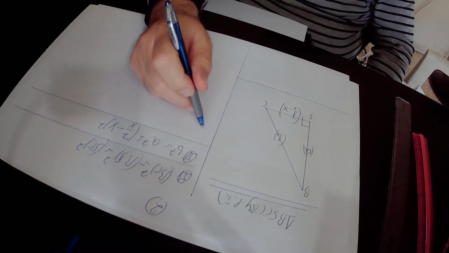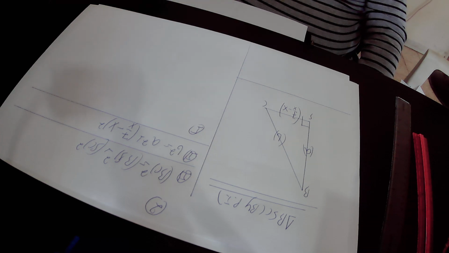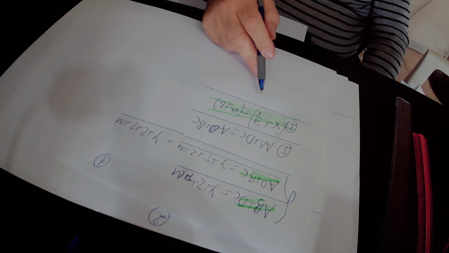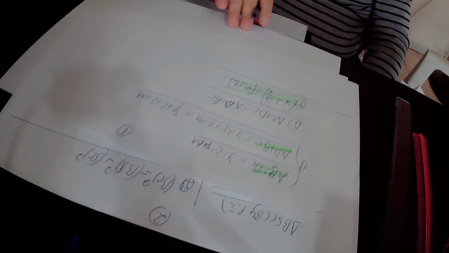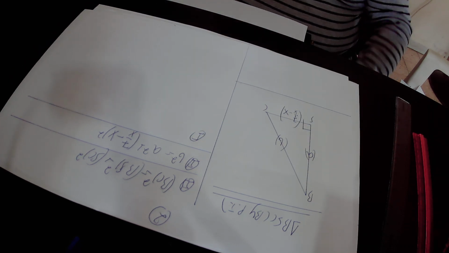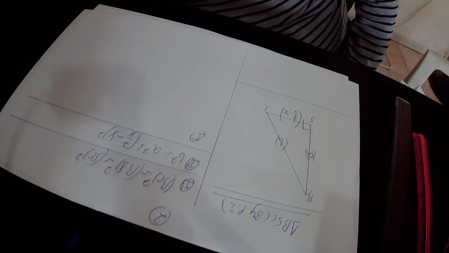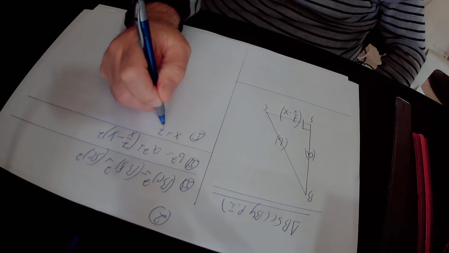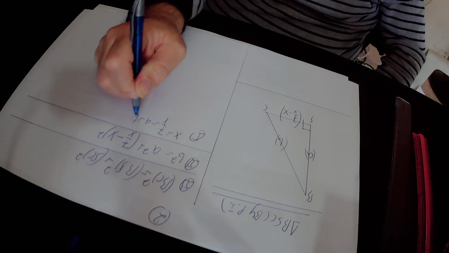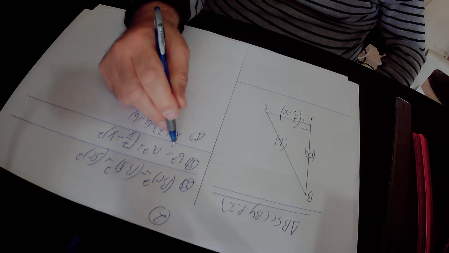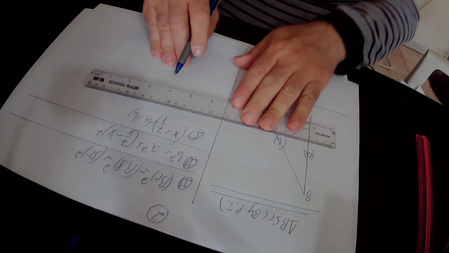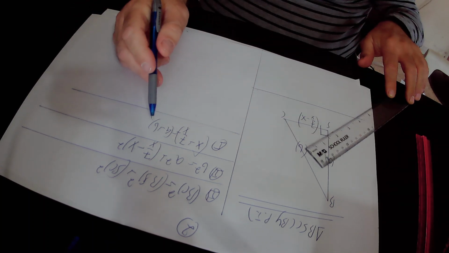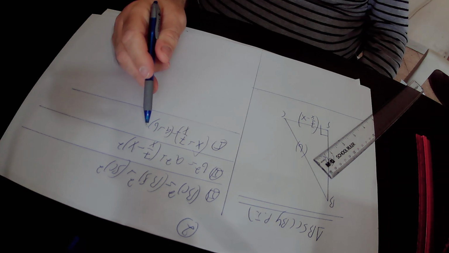While according to equation 1, we already found that x plus 7 over x equals A plus B. So according to equation 1, we know the value of x plus 7 over x, but in equation 2 we have 7 over x minus x.